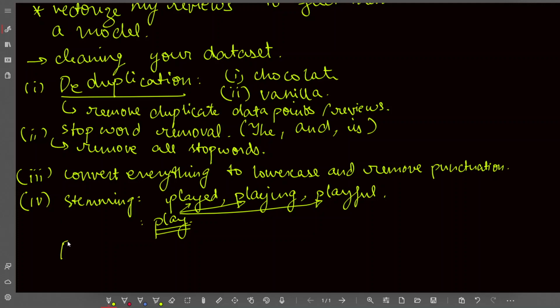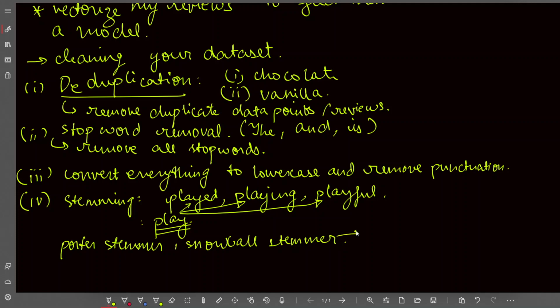That is the Porter stemmer and the snowball stemmer. Both these stemmers are built on different rules of linguistics, all right? So this is a very deep subject in itself, linguistics. Porter stemmer is the old one, and snowball stemmer is the newer and more sophisticated stemmer.